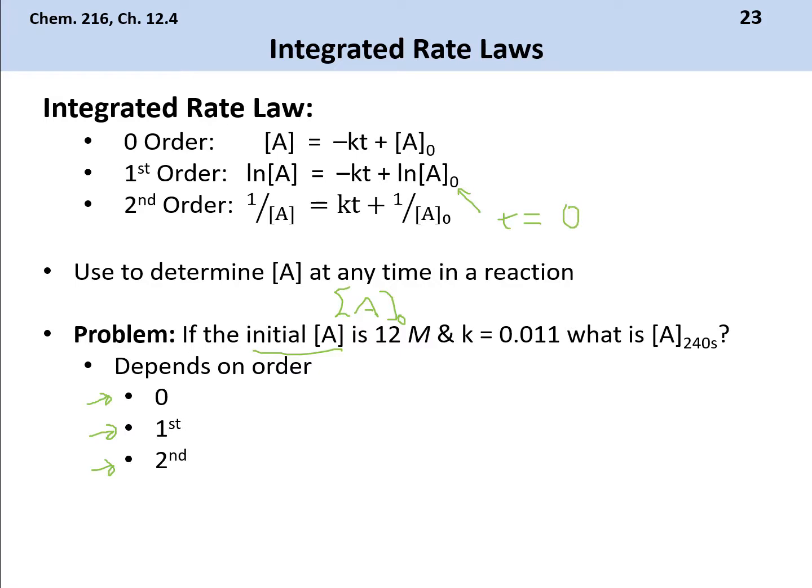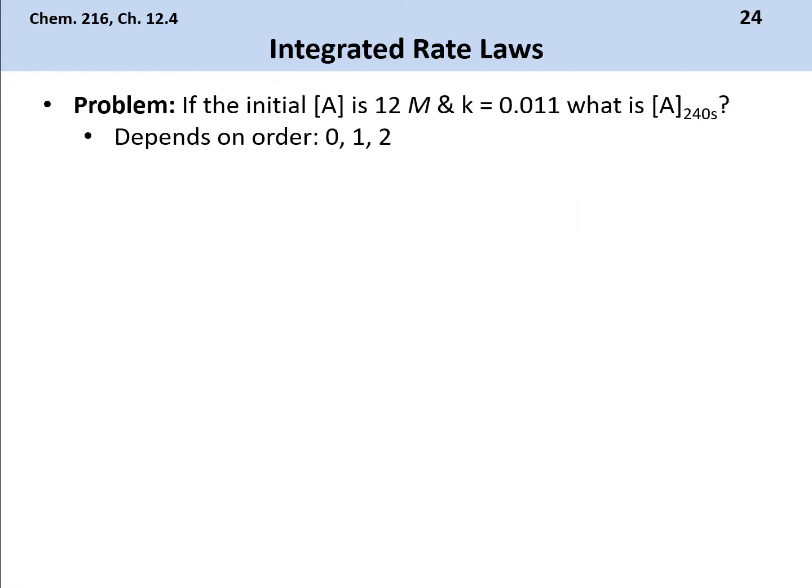And we want to use these three to figure out the concentration in 240 seconds. And we're told that K is equal to 0.01. Okay, so how we do this depends on the order. So we're going to go through each in turn, and we're going to get different values.